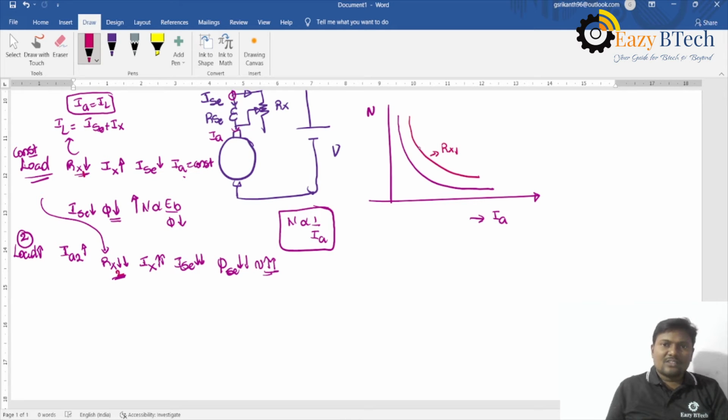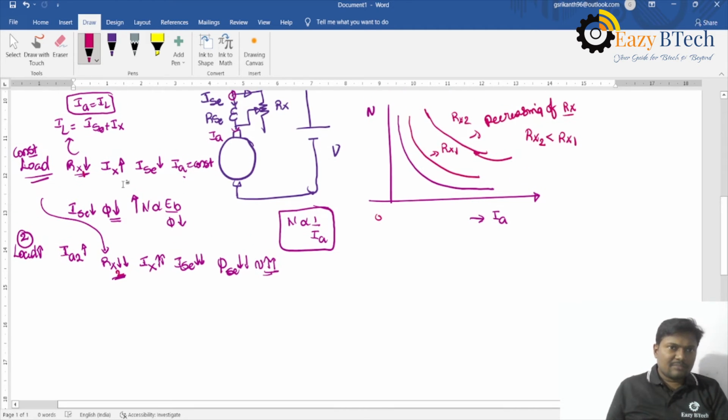With Rx1, the speed versus Ia characteristic is like this. With Rx2, the characteristic is like this, and Rx2 is less than Rx1. So, decreasing of Rx.